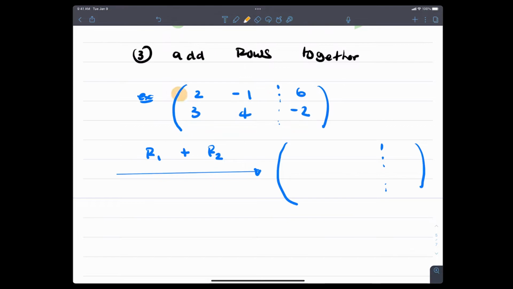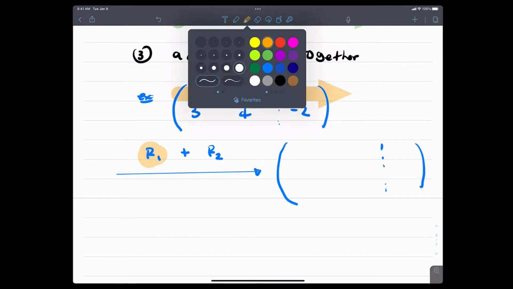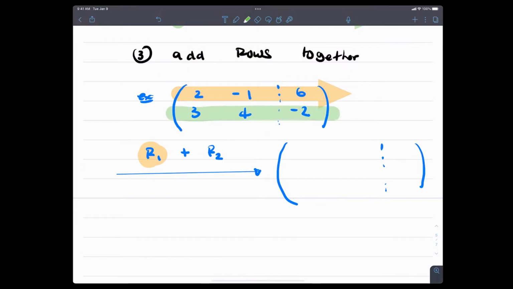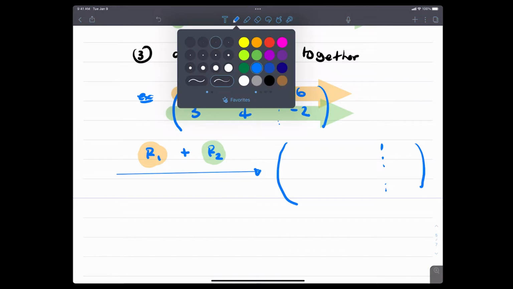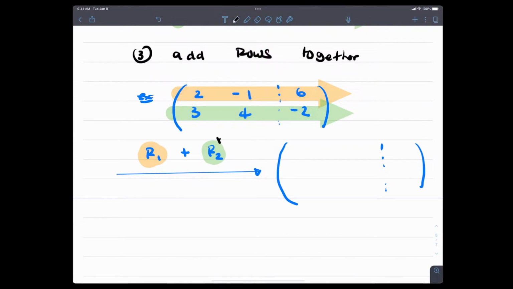So here's my row 1. Okay, take elements in row 1. You're going to add it with those in row number 2. Okay, but I'm going to put an asterisk on the second one. Do you guys know why I put that asterisk there? This is an important detail. I might even put that in red instead. It's an important detail.